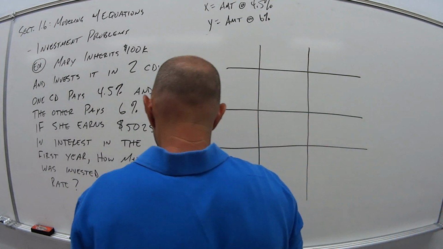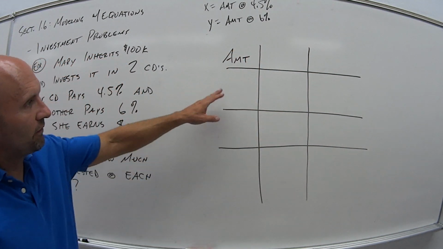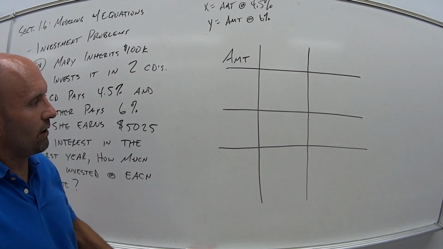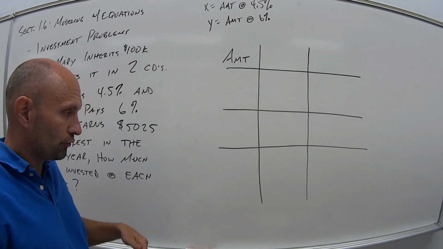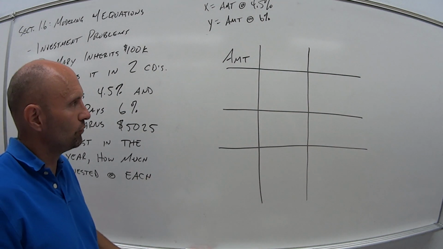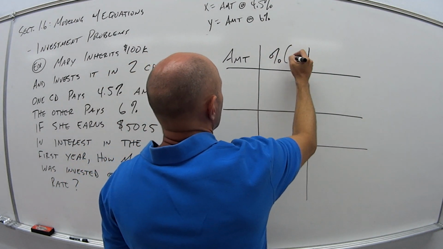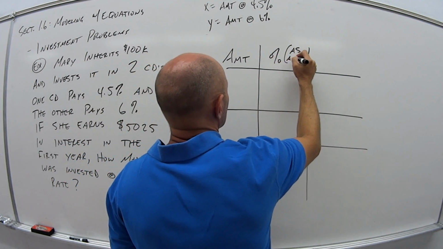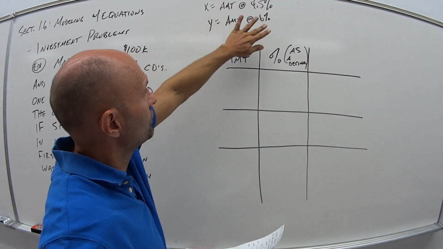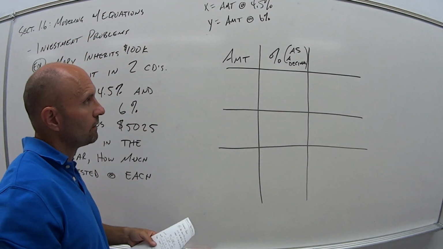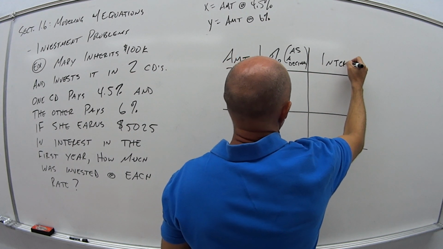So I'm making myself a table here, 2 vertical lines, 3 horizontal. This will give me all the boxes that I need for 2 investments here, or 2 solutions if I'm mixing 2 solutions. Then I want percentage, and here's the important thing, it's as a decimal. So we need to be able to convert percentages into decimals. And then for the investment problems, this last column is interest.